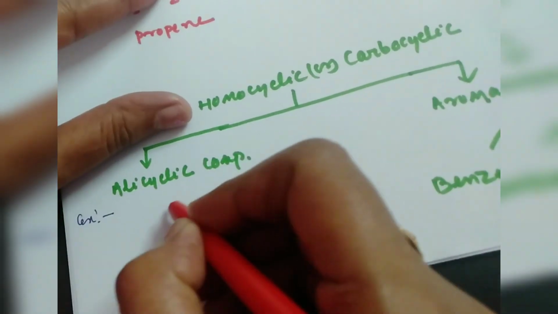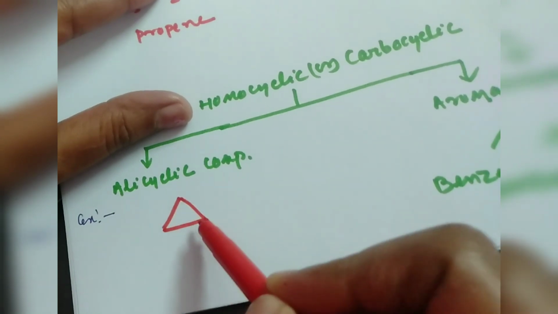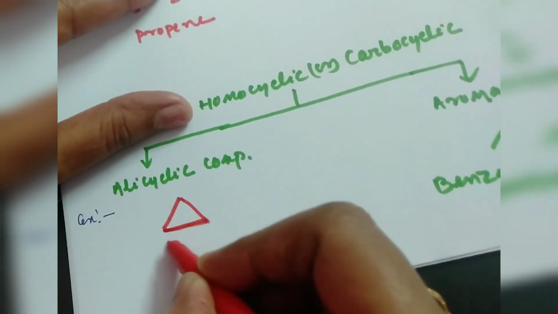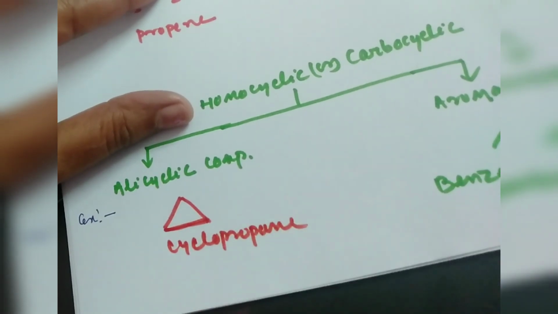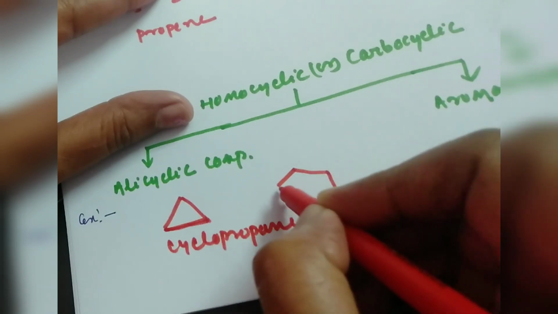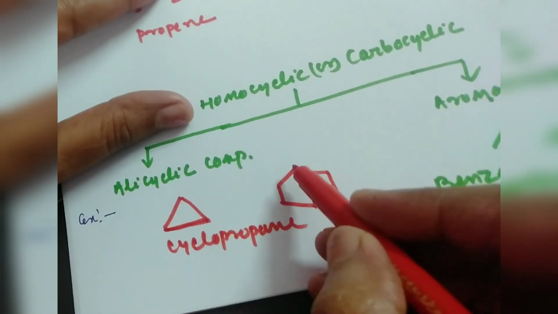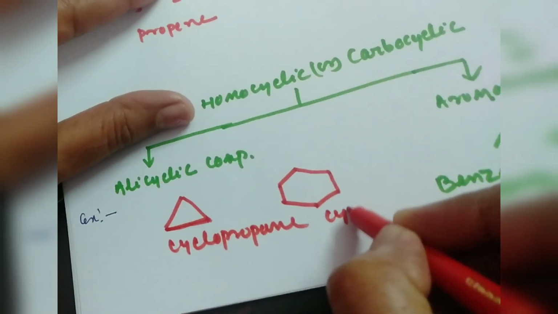For example, if I write this compound, how many carbon atoms are there? 1, 2, 3. So it is your cyclopropane. Similarly, take another example. How many carbons? 1, 2, 3, 4, 5, 6. So it is your cyclohexane.